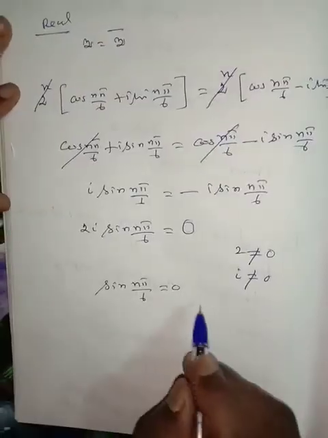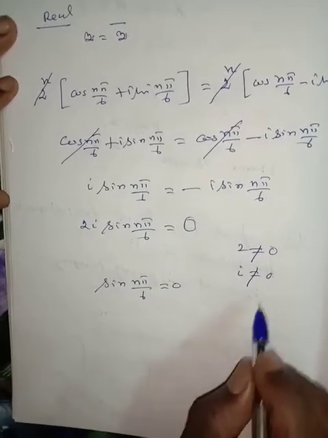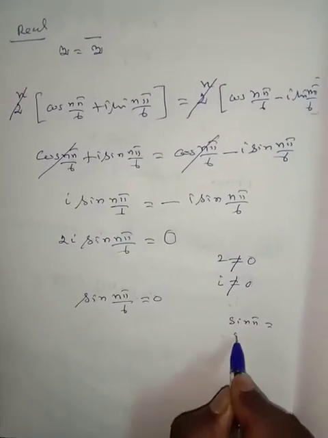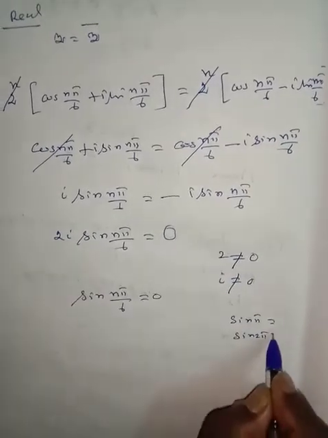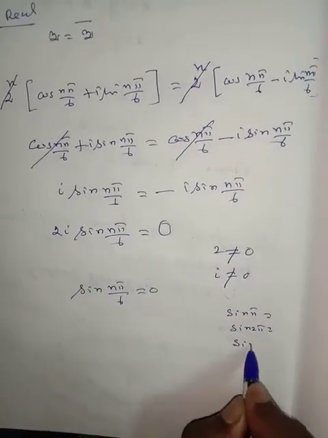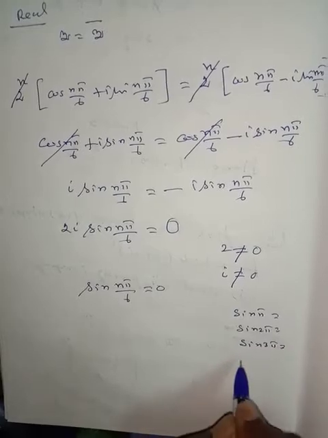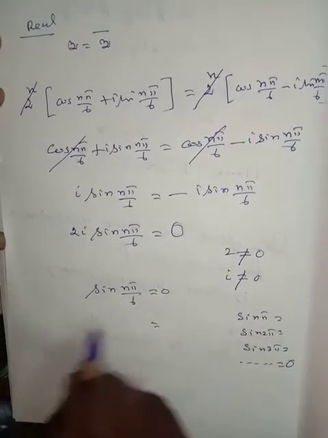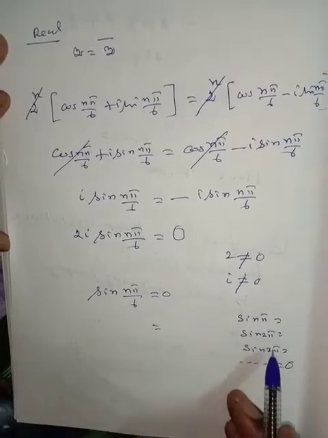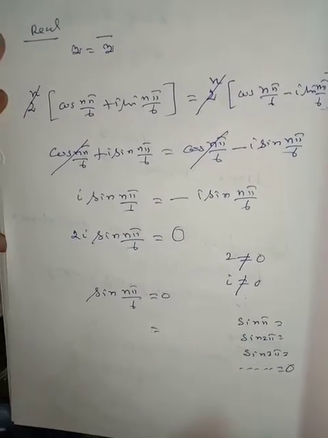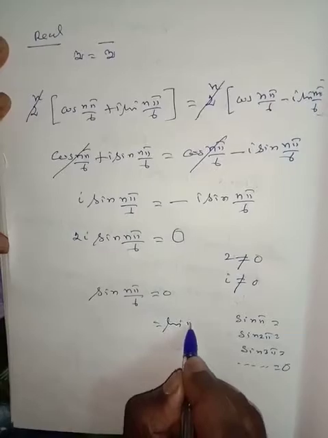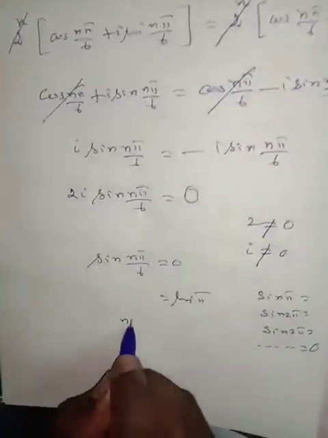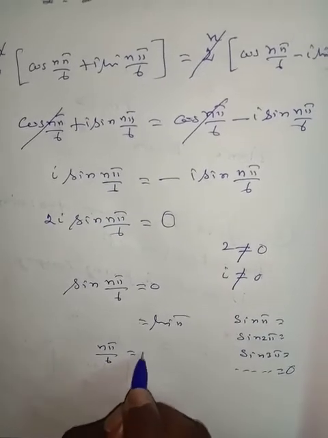We know that in the sin column, sin pi is equal to sin 2 pi is equal to sin 3 pi is equal to 0. Therefore 0 means apply sin pi or sin 2 pi or sin 3 pi and so on. So sin pi. Taking sin inverse on both sides, we get n pi by 6 is equal to pi.